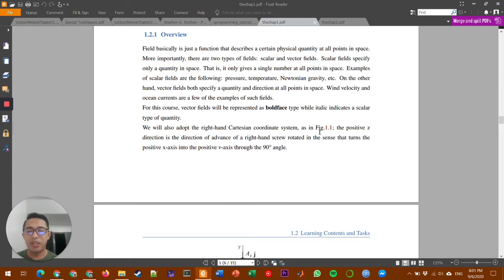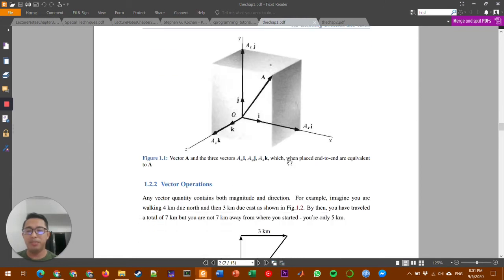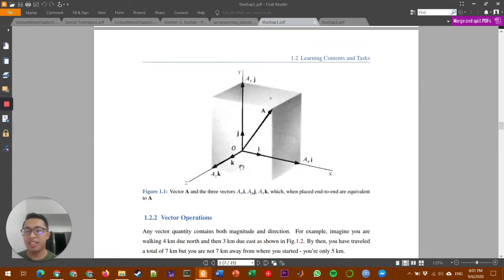So let's take a look at figure 1.1. This is the right-hand Cartesian coordinate system. We have x, and then y, and then z. Other references may have a different orientation, where x could be placed differently, but it is still similar.